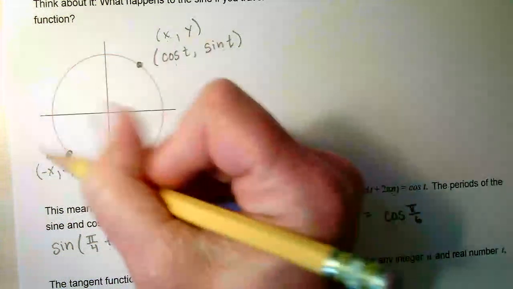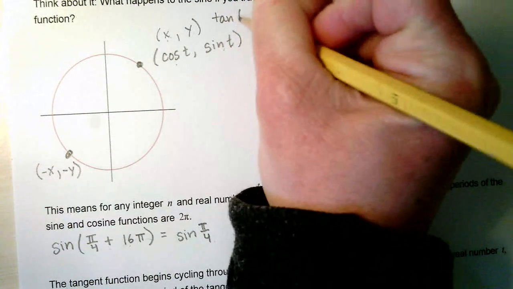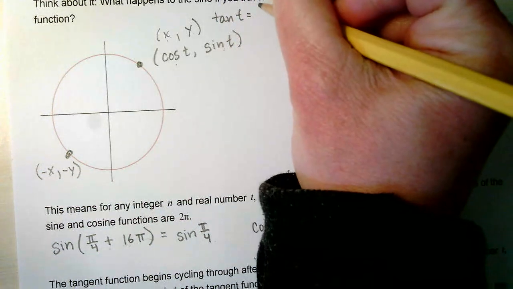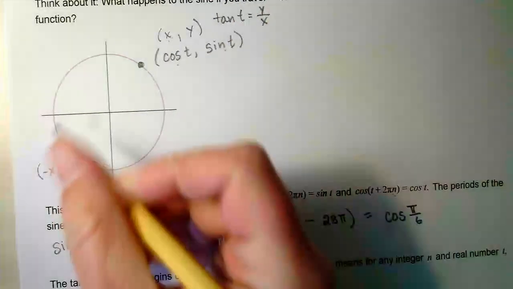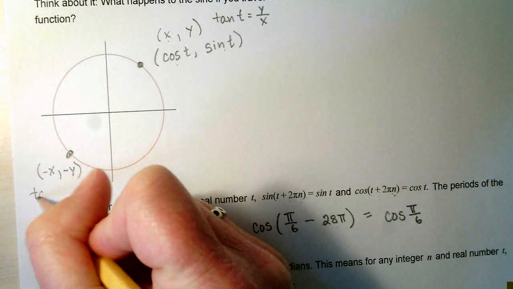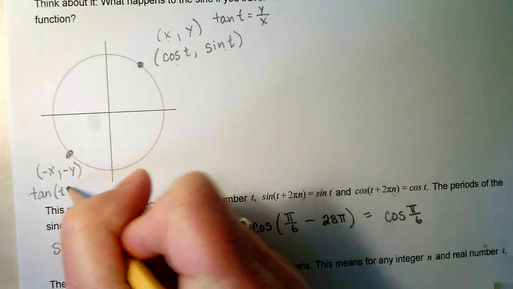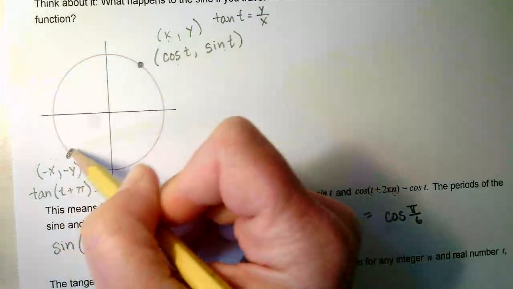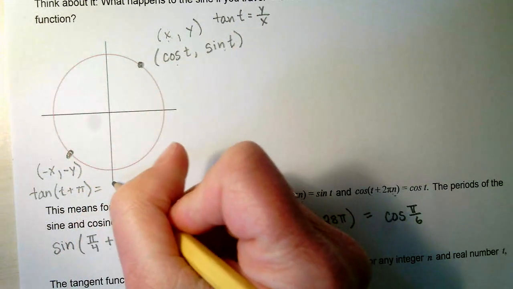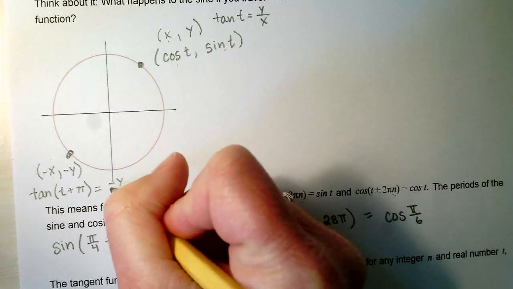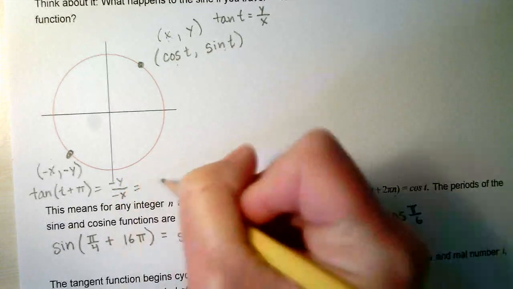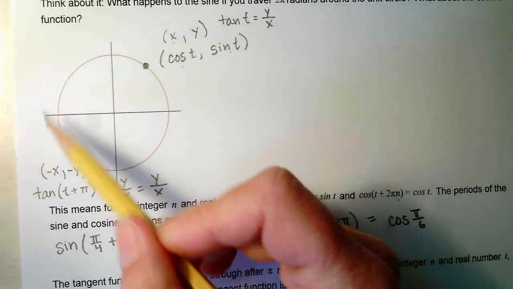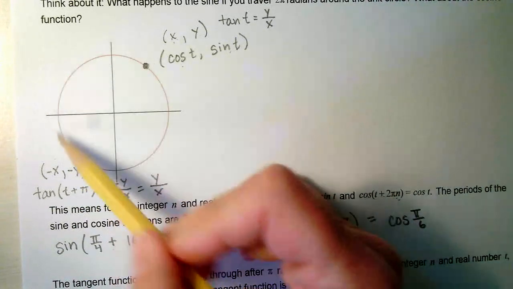Our tangent here, which is t plus pi, because here was t and we went another pi units, is going to be equal to -y over -x, but that's the same as y over x. So instead of cycling after 2 pi, the period for tangent is just pi.